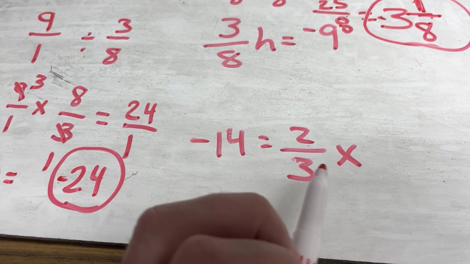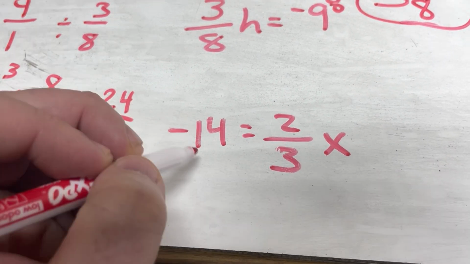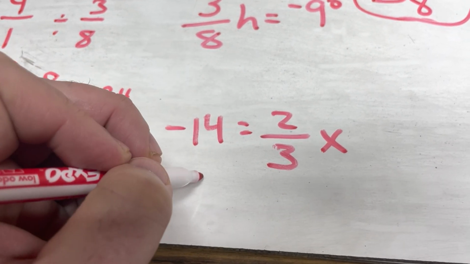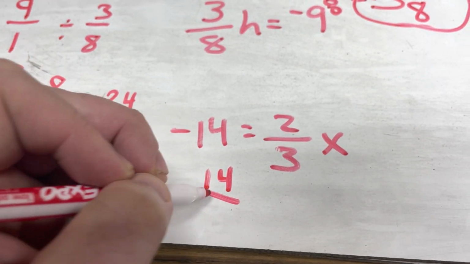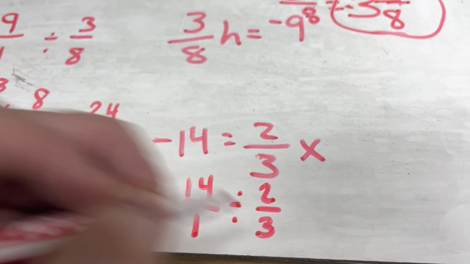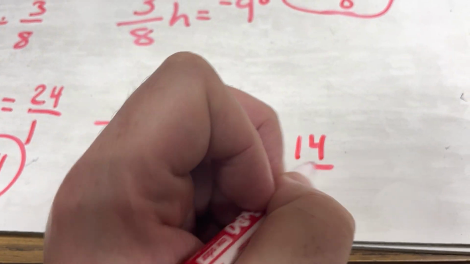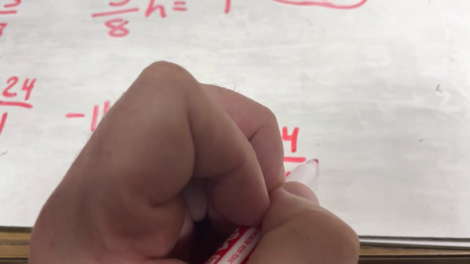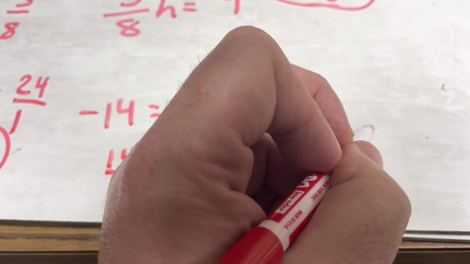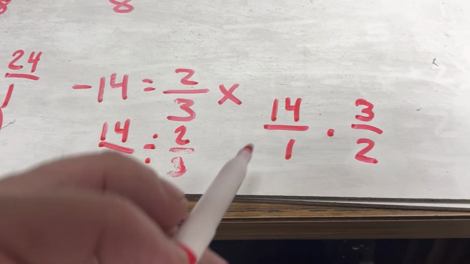I have to isolate the x by dividing everything by 2/3. Now this is a negative, so I'll deal with that later, but this is going to be 14 over 1 divided by 2 over 3, which I know then has to be 14 over 1 times 3 over 2, because I'm multiplying by the reciprocal.